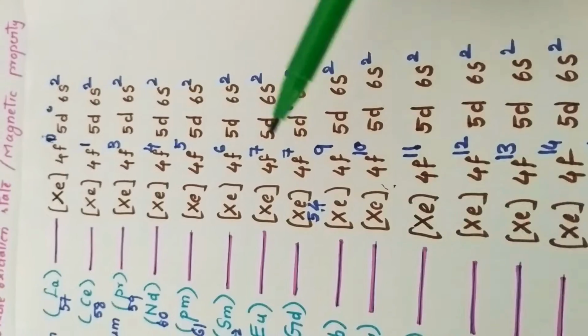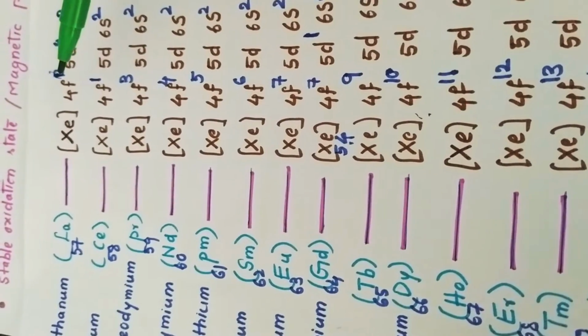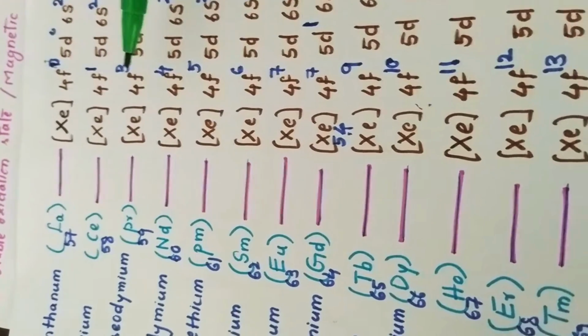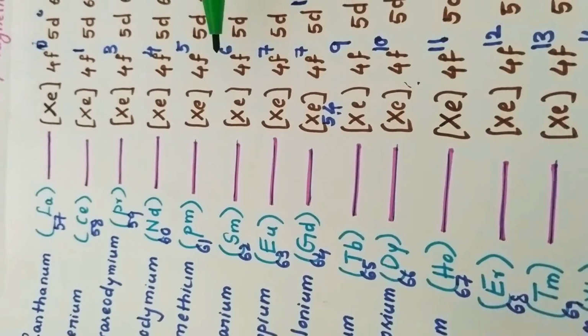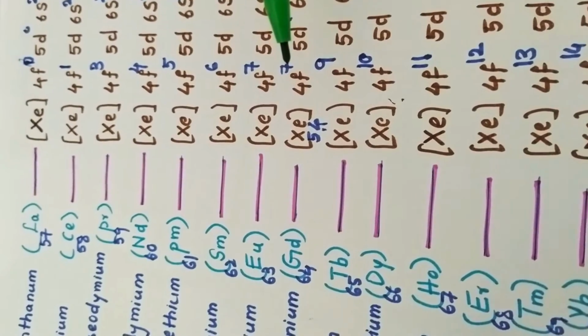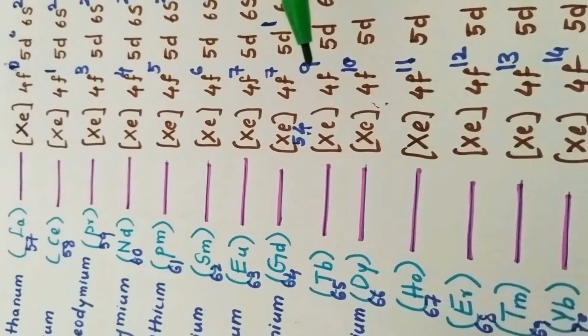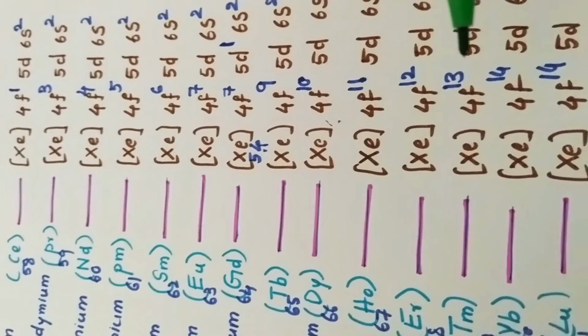So we skip those numbers and write continuously: starting from 0, 1, skipping 2, then 3, 4, 5, 6, 7, and again 7 because that is the most stable, being exactly half filled, and again coming to 9, 10, 11, 12, 13.